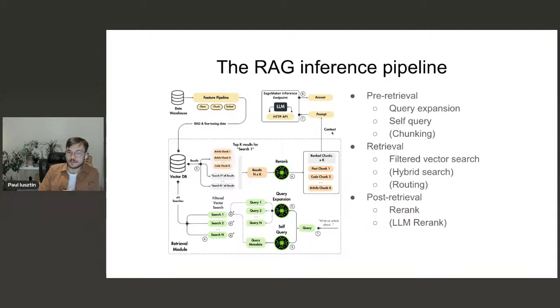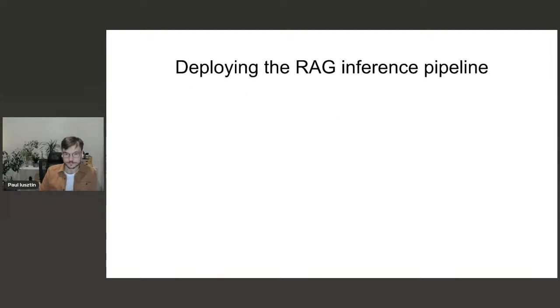Then you have the context, you create a prompt, you throw this prompt to an LLM, which is either an API like OpenAI or Claude or whatever, and get an answer, right? So now let's see how we can deploy all of this without using these APIs, like, as I said, OpenAI or Claude or whatever, right?